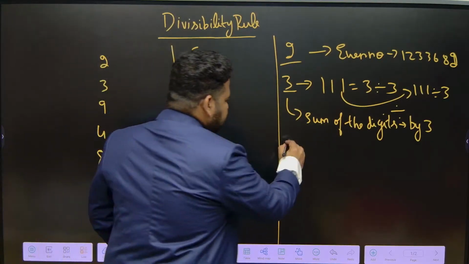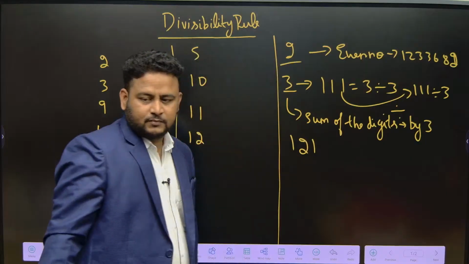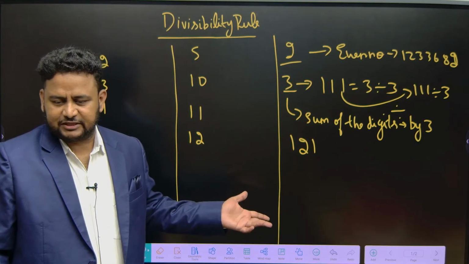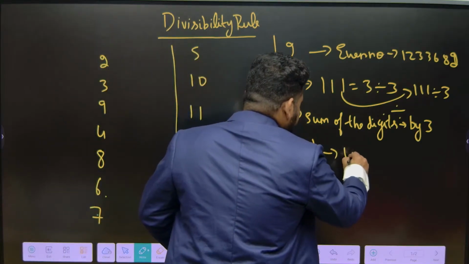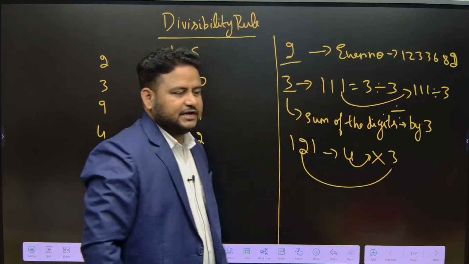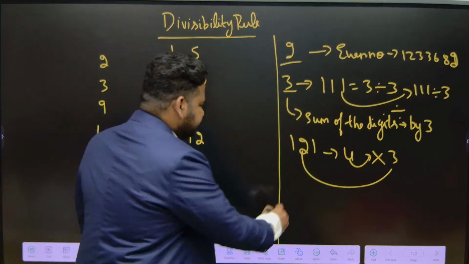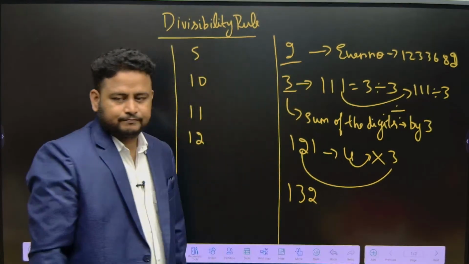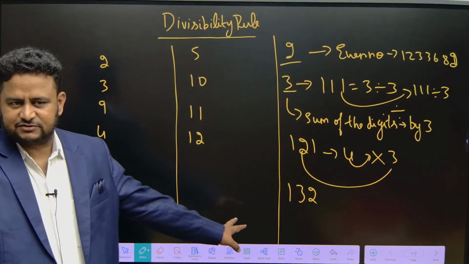One more example. If I take 121, the sum of the digits is 4. 4 is definitely not divisible by 3. So 121 is also not divisible by 3. Now if I take 132, the sum of the digits is 6.